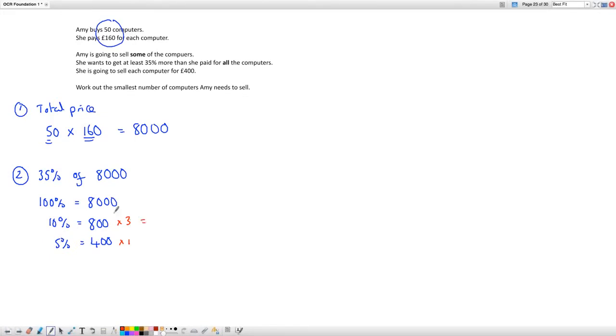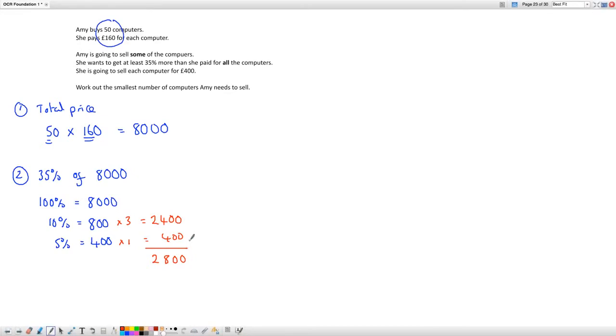So 3 times 8 is 24. Add a 0 and another 0. 1 times 4, 400. Total, 2,800. So 35% of 8,000 is 2,800.